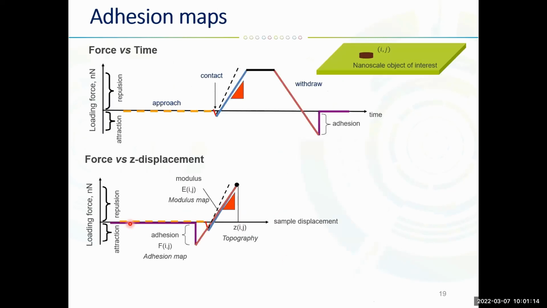And this brings us to adhesion maps. In general, AFM enables a new class of experiments. Let's first look at the top right.